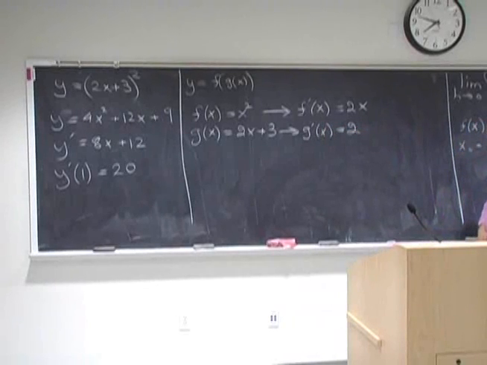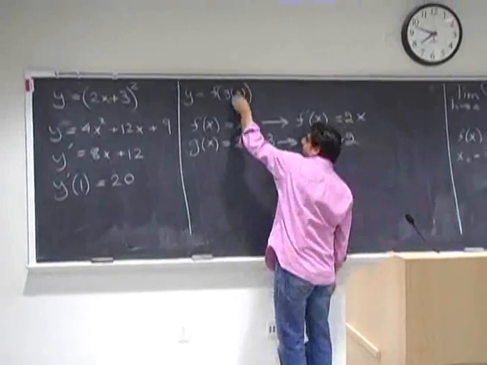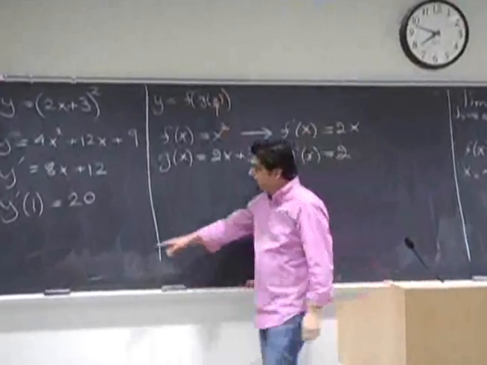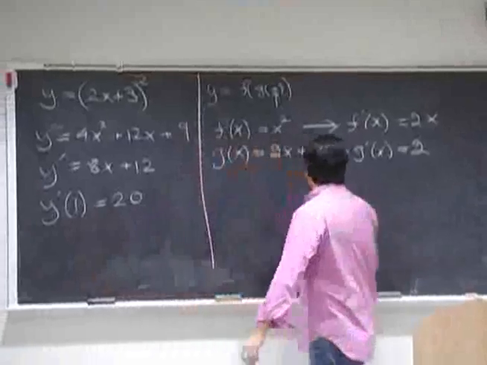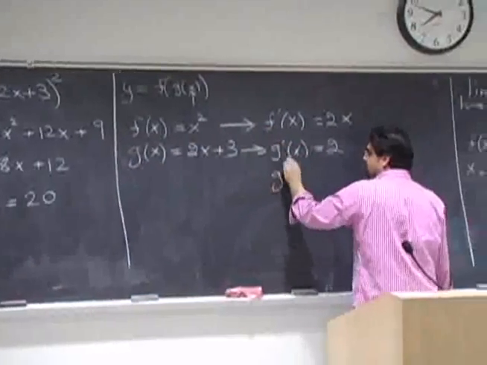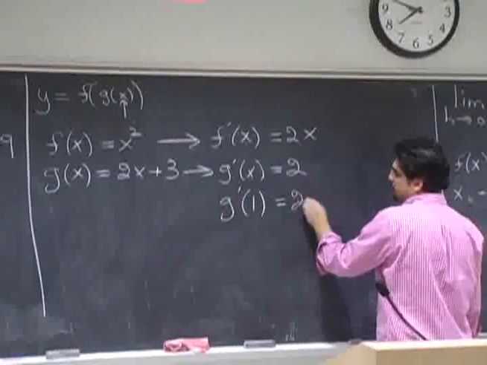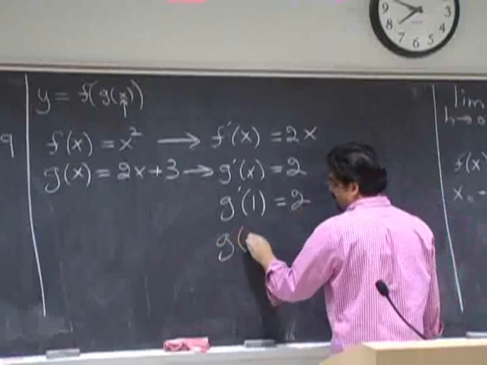Right? Does that make sense? Yeah. Okay. And I'm interested in plugging what number here? 1. Okay. So let's calculate then, inside the g, I want to plug in 1. g prime of 1 is 2. And g of 1 is what?